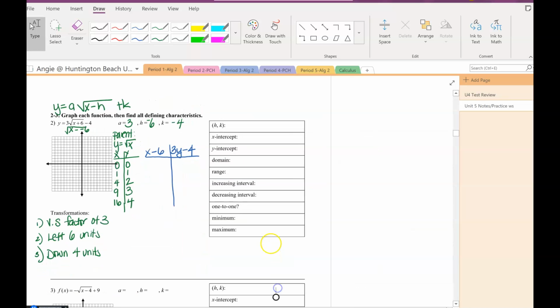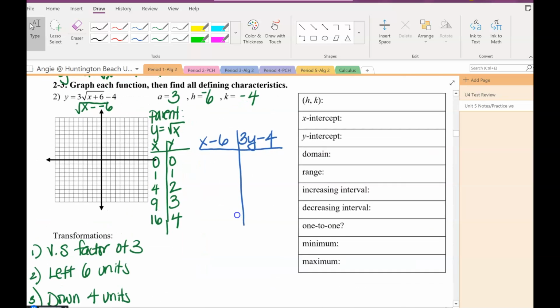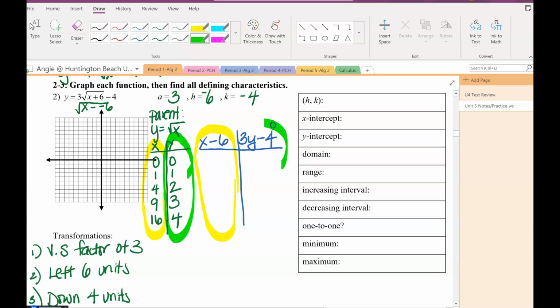All right, let's transform. Take all of these x's right here and give me 5 new inputs. Then take all of the parent outputs and give me 5 new outputs. Take about a minute to do both new inputs and outputs.